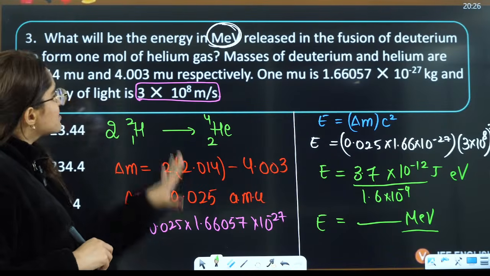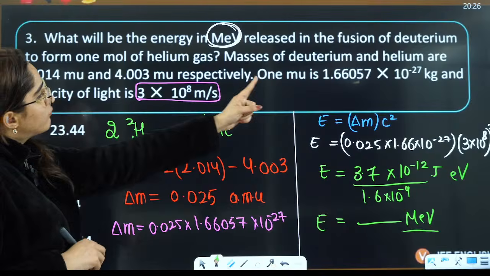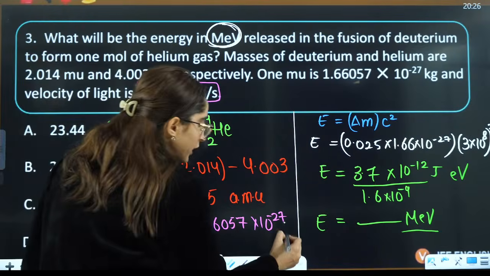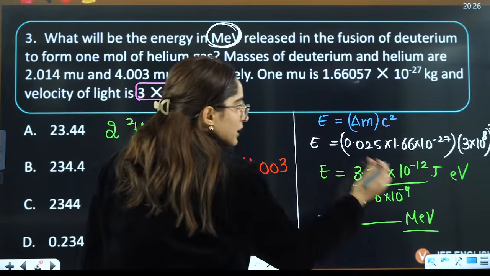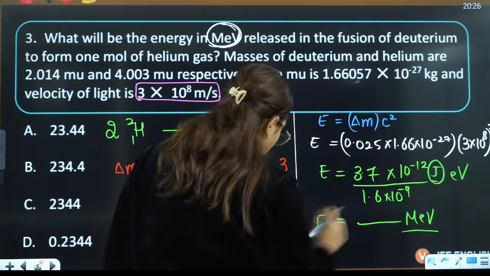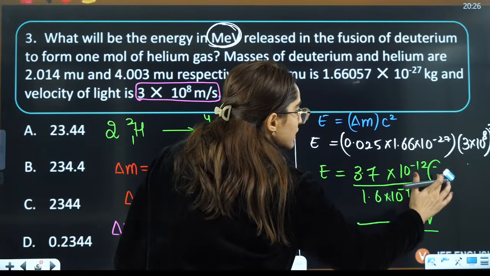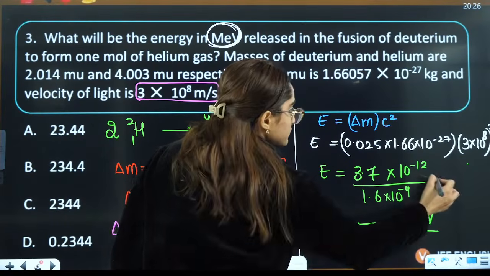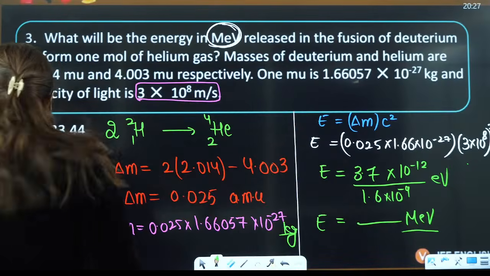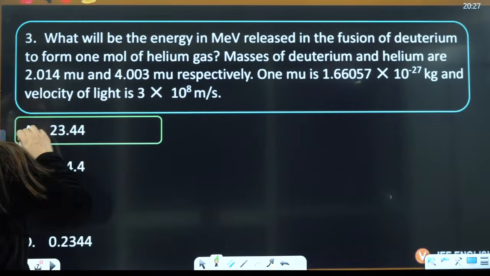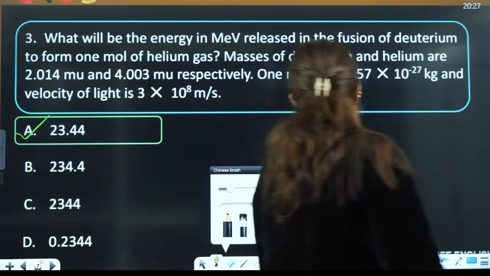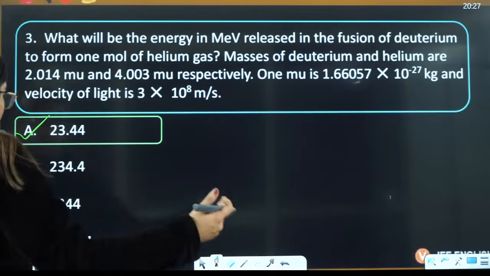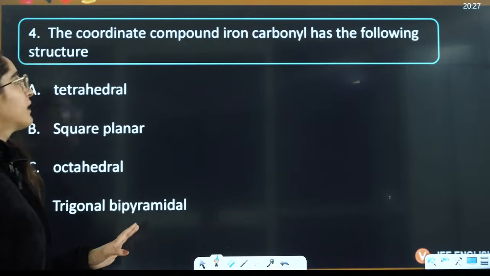Then it is given that 1 amu is equal to this much kilogram, so you convert it into kilogram. After that you convert it into joules, and after joules you will have the answer in electron volts. So after calculation you will get your answer. It's mostly a calculation-based question.